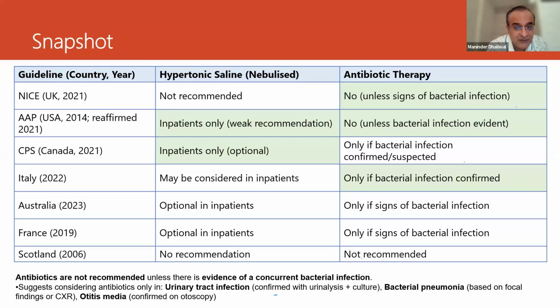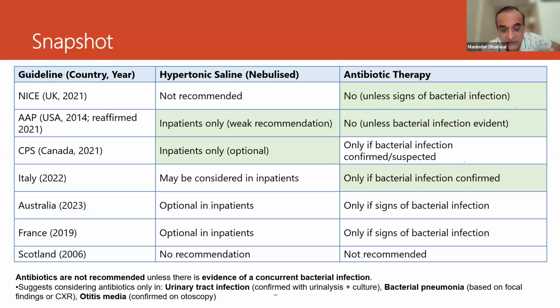Then comes antibiotic therapy. Let's be very categorical about it. What is evident bacterial infection? If there is a UTI confirmed by urinalysis, a bacterial pneumonia confirmed by X-ray findings, an organism growing in a blood culture that is not a contaminant, or otitis media confirmed by otoscopy, then you can give antibiotic therapy.